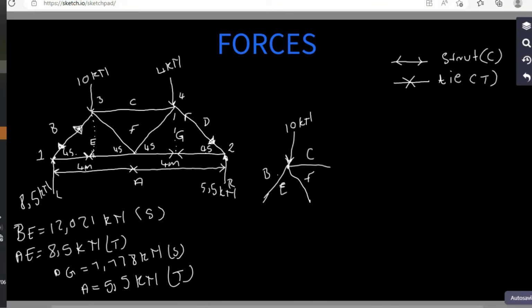It's in that direction. We do not have EF and CF. Yes, we do have this one. So we're going to start with forces going up, saying upward forces are equal to downward forces.